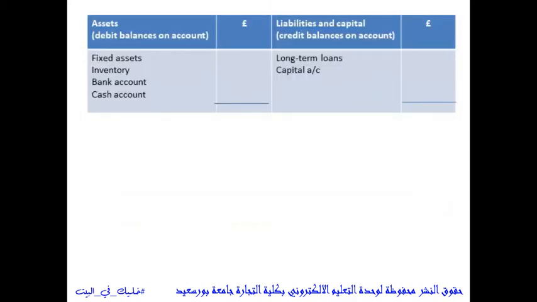Assets or debit balances on account: fixed assets, inventory, bank account, and cash account. Liabilities and capital or credit balances on account: long-term loans and capital.